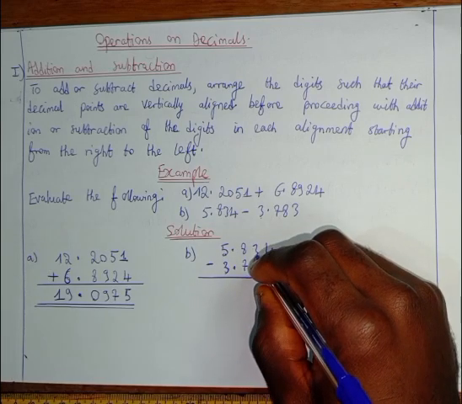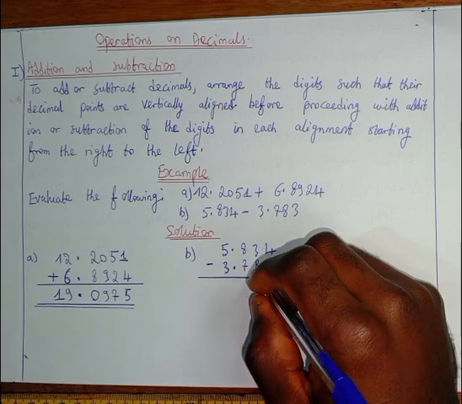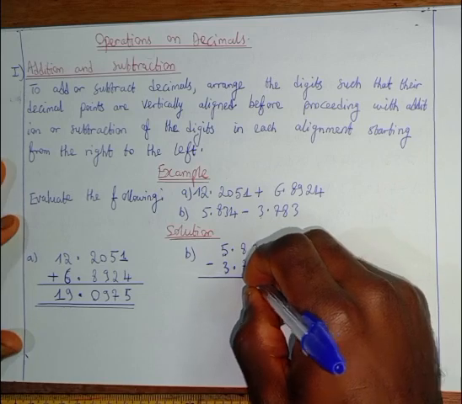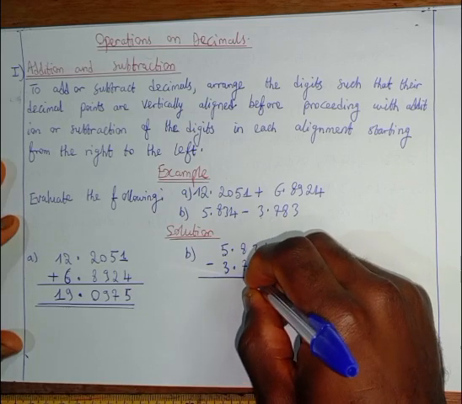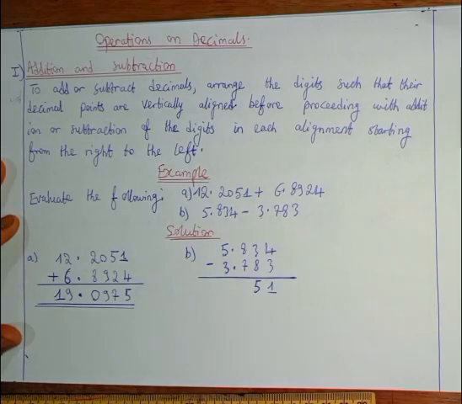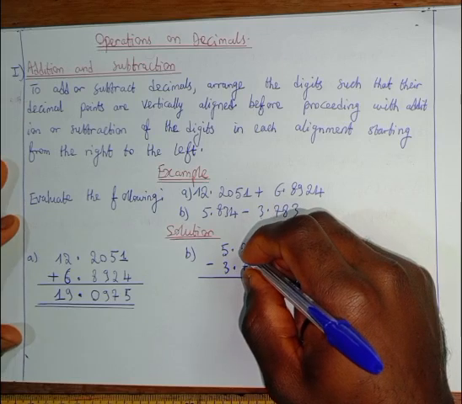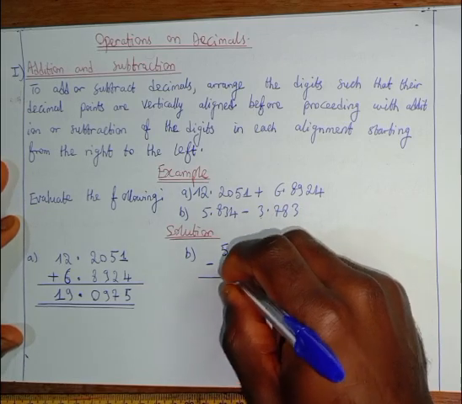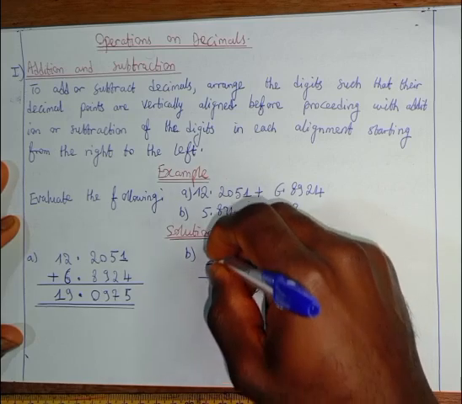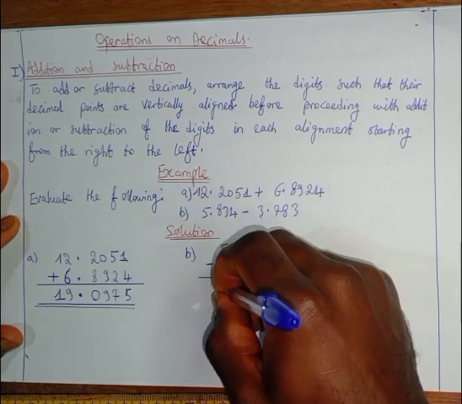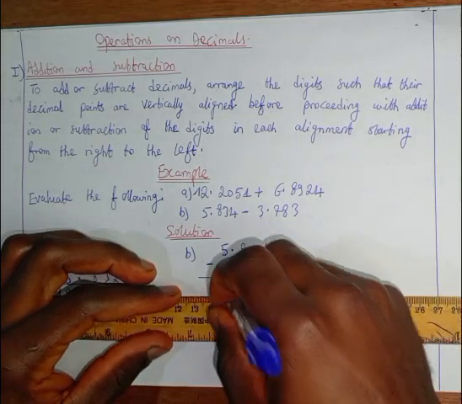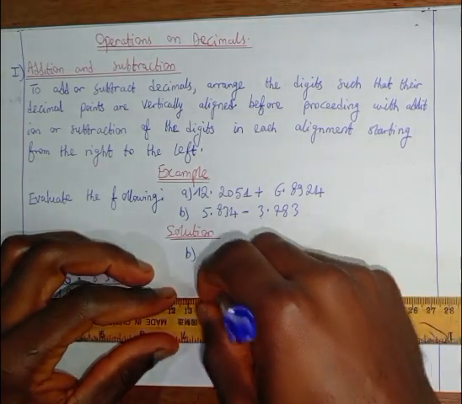It gives us 13. 13 minus 8 gives us 5. So now here we are left with 7. 7 minus 7 gives us 0. We bring down the decimal point. 5 minus 3 gives us 2. So the answer will simply be 2.051. We underline the result.